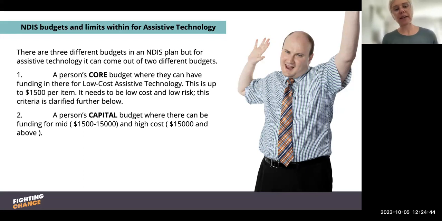And then the other budget that assistive technology funding can be found in is the capital budget. And that's where the funding for mid-cost, so that's between $1,500 and $15,000, and high cost, that's anything over $15,000, is found.